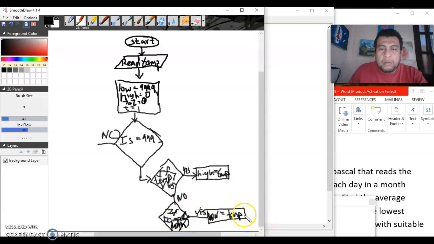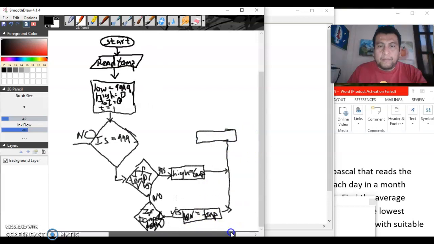Now those two connect. That is the loop that happens for each one that is being recorded, and of course for each one you must be aware that at the same time we are accumulating our totals.